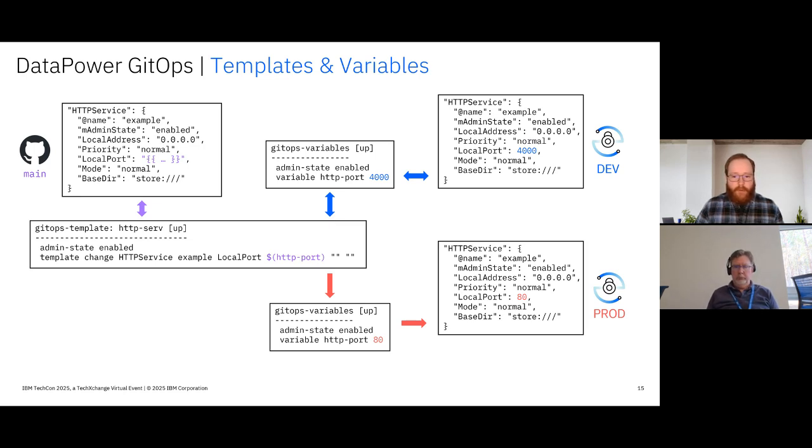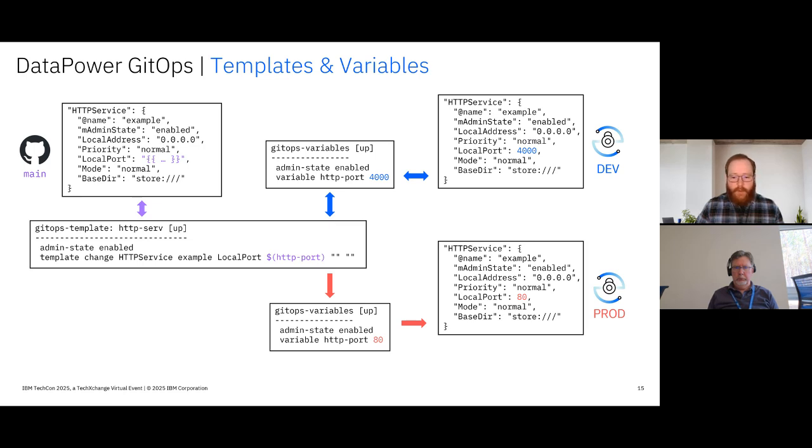In dev, it is 4000. And so dev could do reads and writes using port 4000. The template capability is going to ensure that that 4000 stays local to that box or that environment, and the remote config will stay exactly the same unless anything else is changed and not templated.